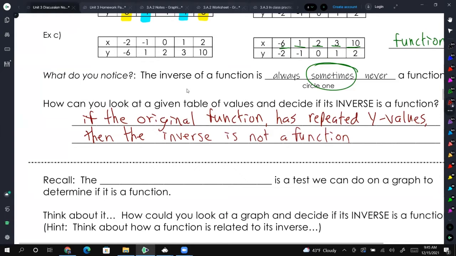So again, be careful of the terminology. It's very easy to get these things mixed up. If we look at the original and there are repeated y values, the inverse is not a function. If we look at the inverse and there are repeated x values, well, then that inverse is not a function. So it depends on what you are given. Are there any questions so far?